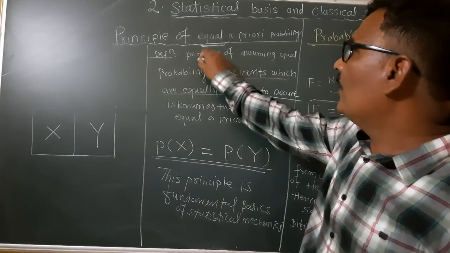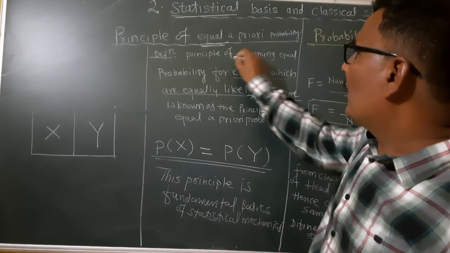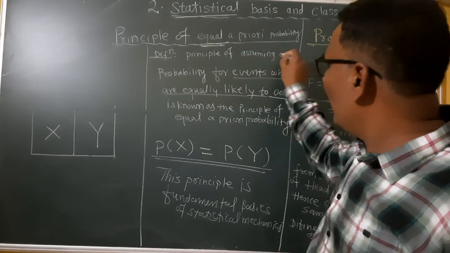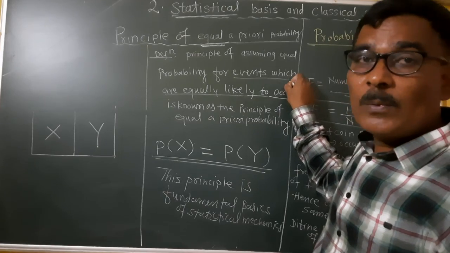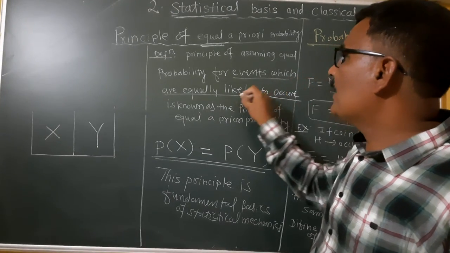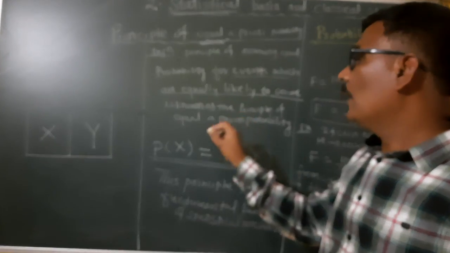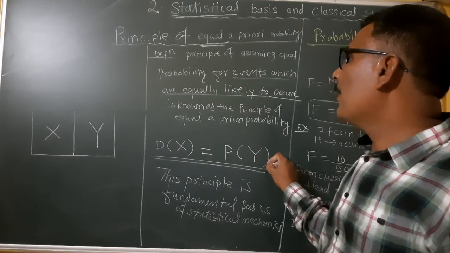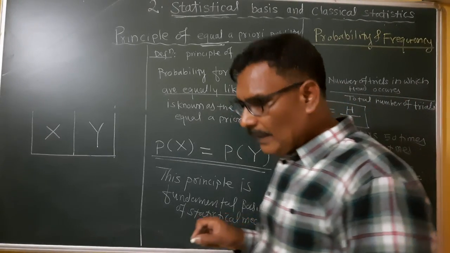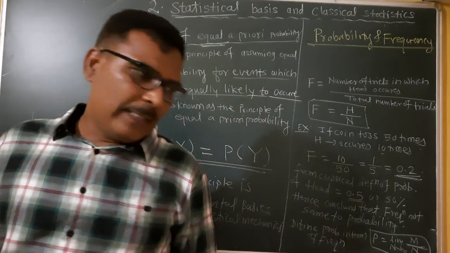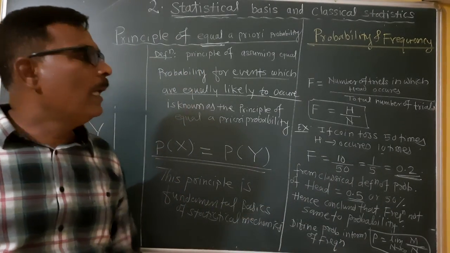The principle of assuming equal probability for events which are equally likely to occur, that is, P of X is equal to P of Y, is known as the principle of equal probability.